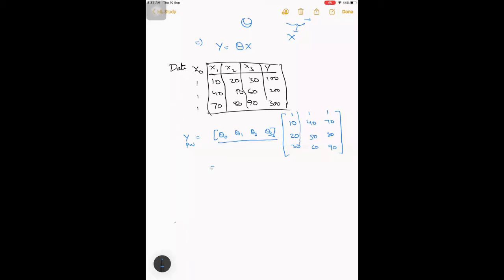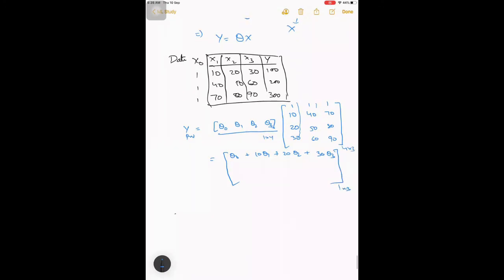How does the multiplication occur? Theta naught plus 10 theta 1 plus 20 theta 2 plus 30 theta 3. This is a 1 by 4 row and this is a 4 by 3 matrix, so you'll finally get a 1 by 3 matrix, which means one row.